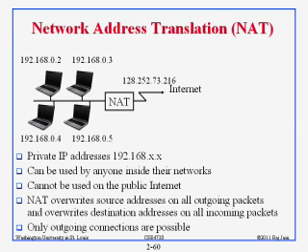It changes the source IP address to this number, and it changes the source port number to some other number, and it makes a table. It says, okay, I put this port number for this address and this port number. See what I mean? It remembers that for all outgoing packets.